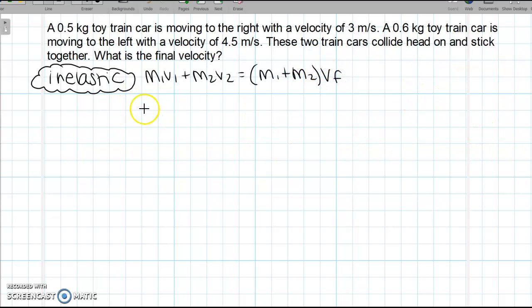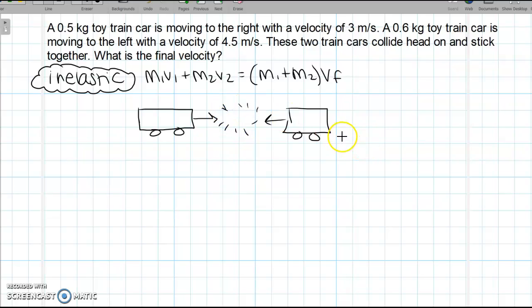So let's draw a picture of what is going on here. This is my cart 1 and cart 2. These are about to collide head-on, so there's going to be some type of collision here. Let's call this the 0.5 kilogram train because it is moving to the right. That's going to be our positive side, and this is going to be our negative side.